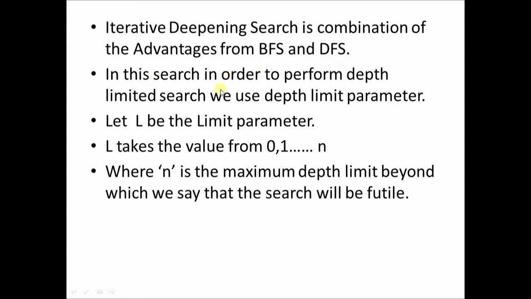In this search, in order to perform depth limited search, we use a depth limit parameter. Let L be the limit parameter, then L takes the value from 0 till n, where n is the maximum depth limit beyond which we say that the search will be futile.